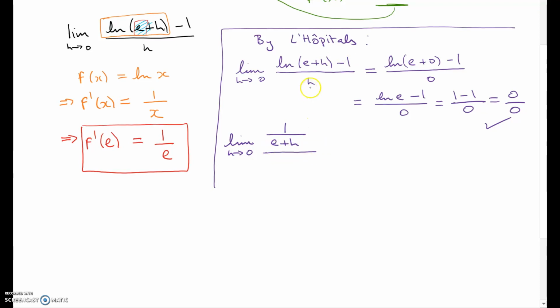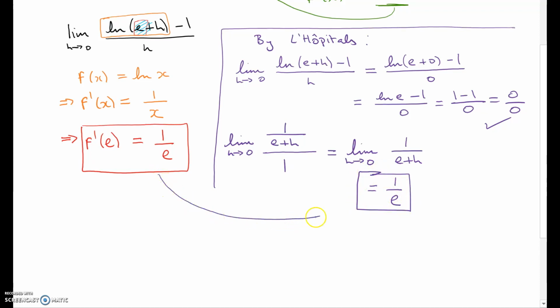And on the bottom, the derivative of h is just 1. And remember, h is our variable. So this is simply the limit as h approaches 0 of 1 over e plus h, which is, after substitution, 1 over e. And again, the two answers coincide, as they'd have to.